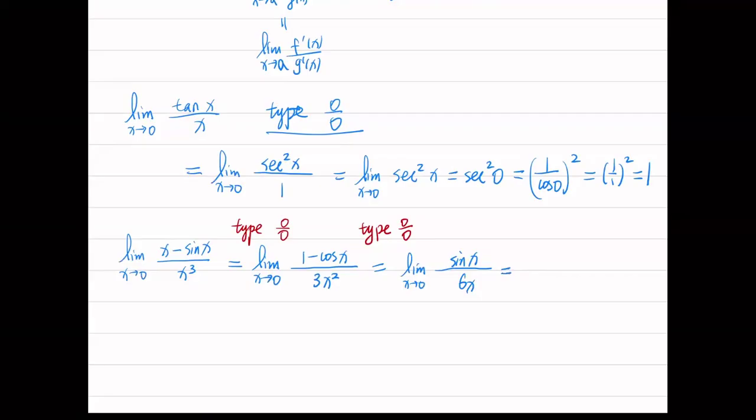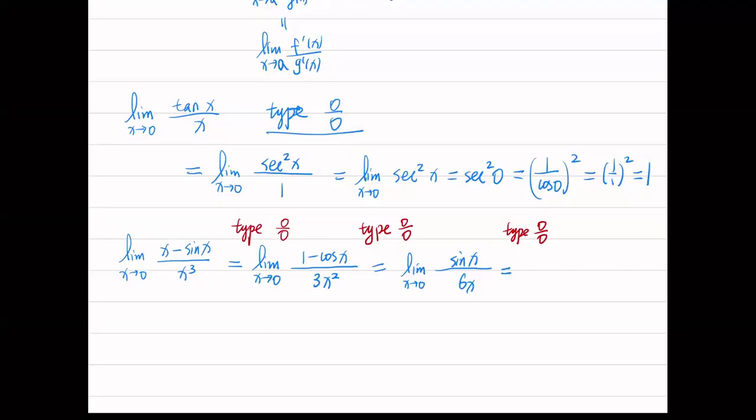Could we plug in? No, why? Because sine 0 is 0 and 6 times 0 is 0. Again, type 0 over 0. What should we do?